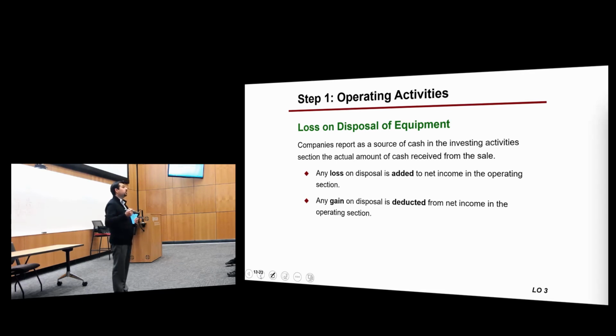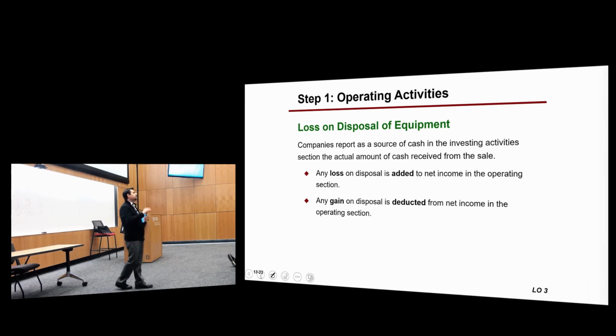Or did they receive cash for the sale of a truck? They received cash for the sale of the truck, right? No one gave them money and told them, okay, so this is your gain. They're not going to do that. They'll give you money, saying, okay, so this is for your truck. And when the company buys a building or truck, they will pay money to the car dealer. They will tell them, okay, this is the price of your truck. The difference is a gain or a loss.